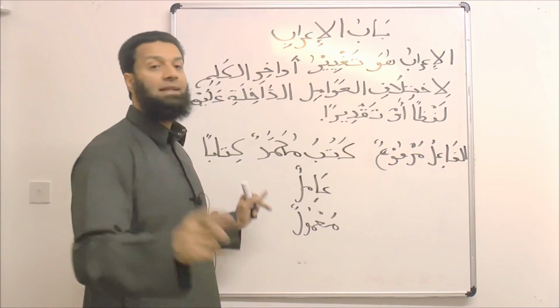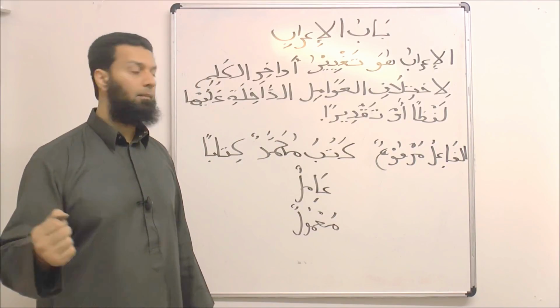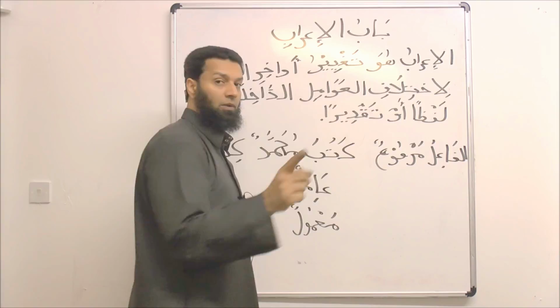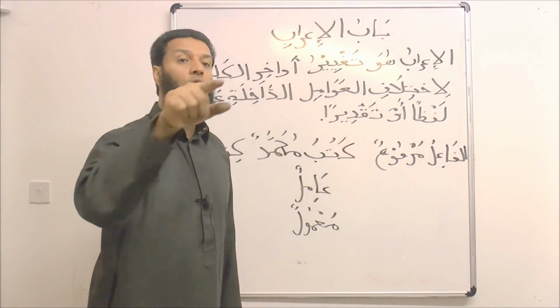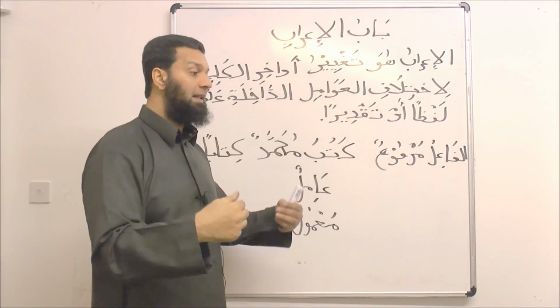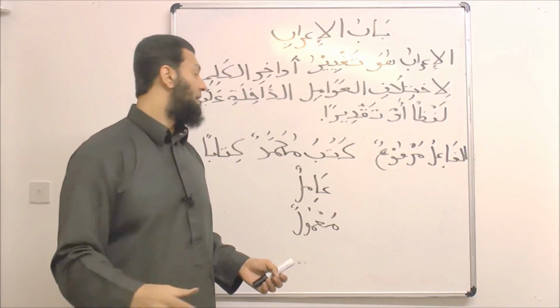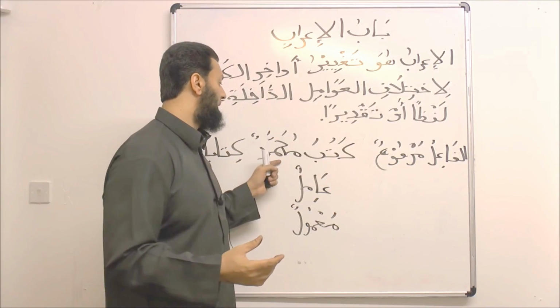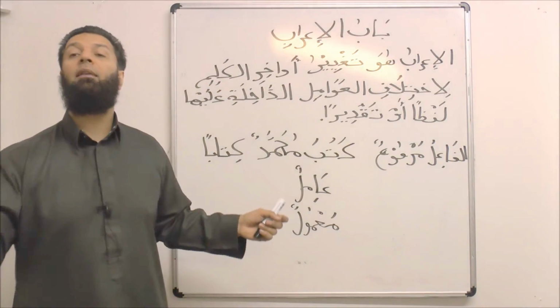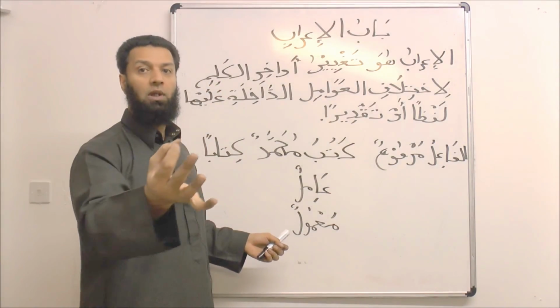If there is an ismun that follows the fi'lun, that is your doer, right? That is the person who performed the action. قام بالفعل, he's the one who performed the action. Then that becomes the fa'ilun, right?